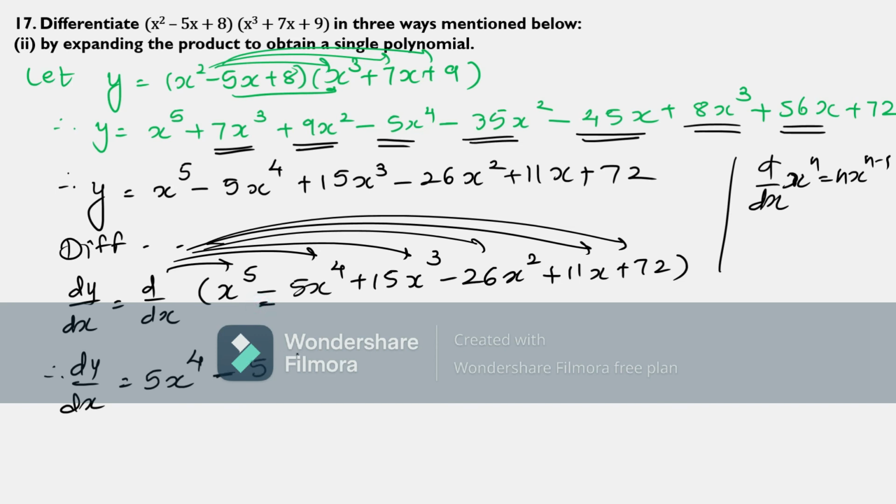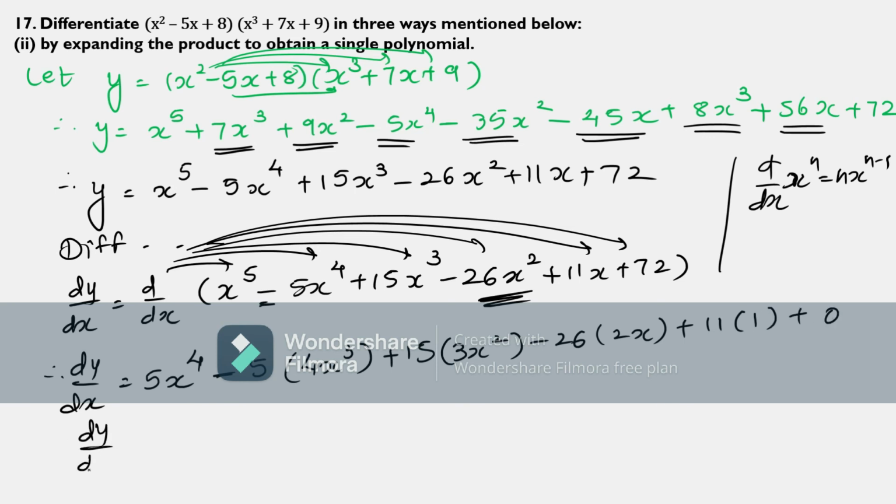5 is there, but now what is the differentiation of x to the power 4? It is 4x cube, plus 15 as it is, 3x square, minus 26 as it is, x square's derivative is 2x, very simple, plus 11's dx by dx is 1, and 72 is a constant, which is 0.